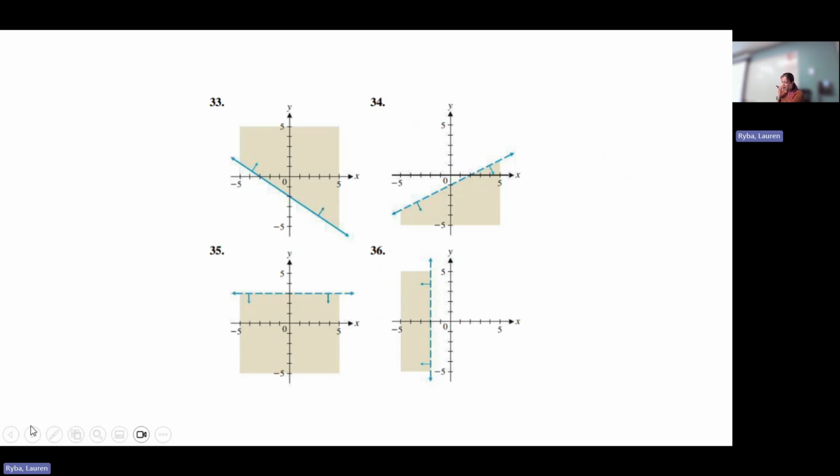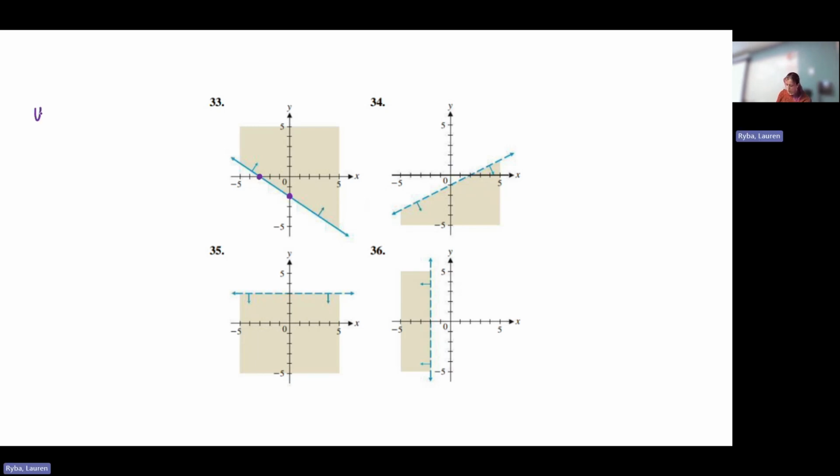All right. This one, they are already graphed, and we have to determine what the equation is. So what I'm going to do is find the y-intercept where it crosses nicely, and look for another nice point, and I can see that it's crossing right there.